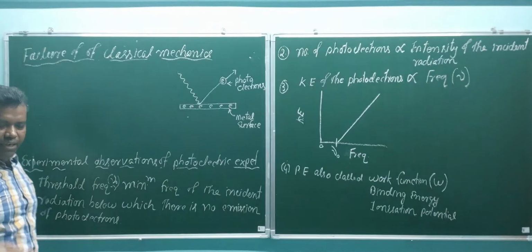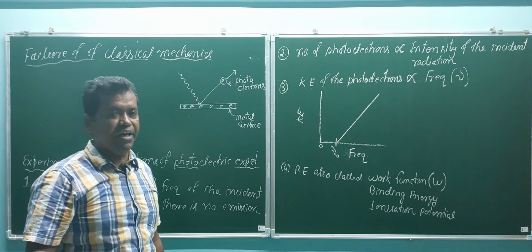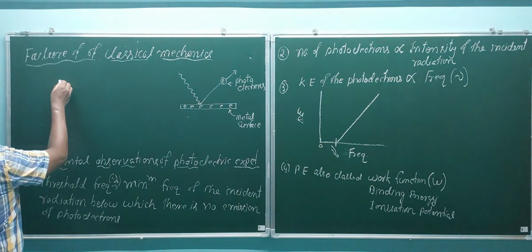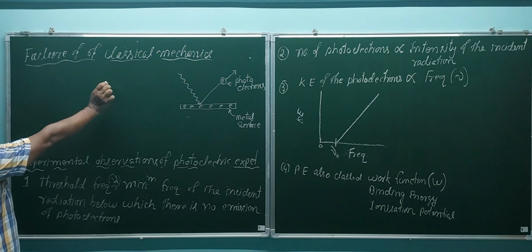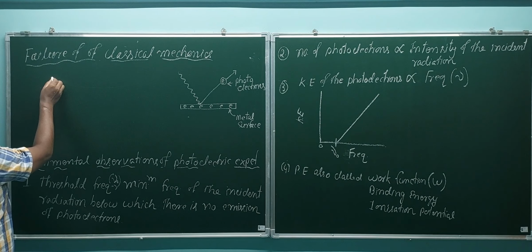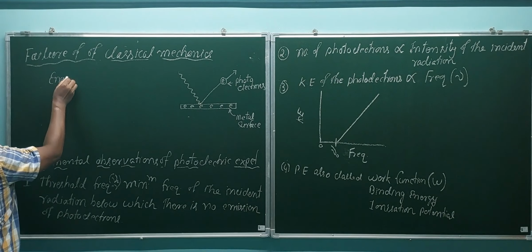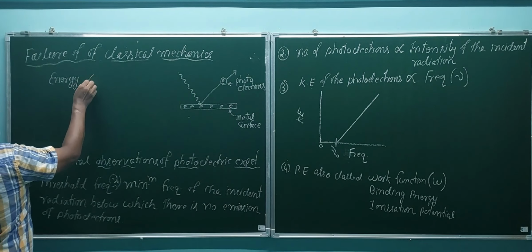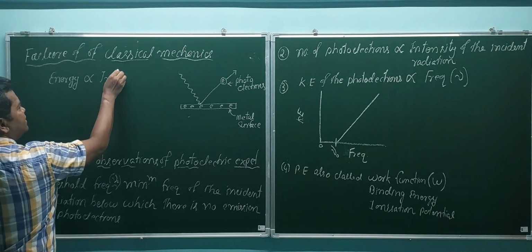From the classical electromagnetic theory of light, we know energy is directly proportional to intensity.